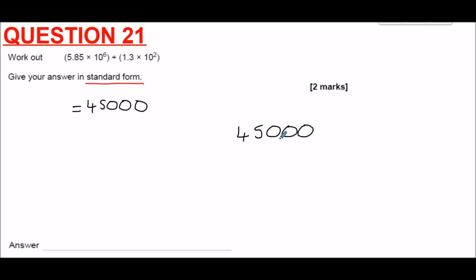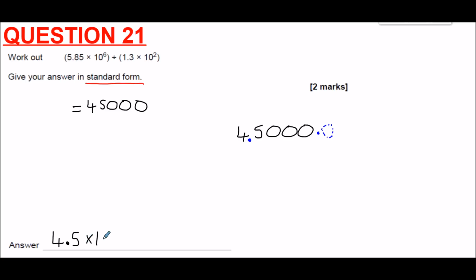The decimal would need to go here, between the 4 and the 5. But with any whole number, you can imagine it being an invisible decimal at the end of a number. So 45,000 is the same as 45,000.0. And so the first part of a number will be 4.5.